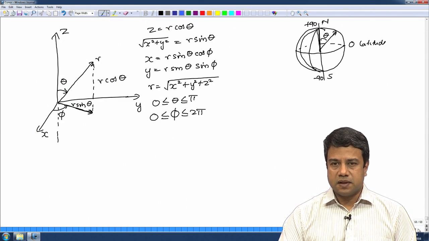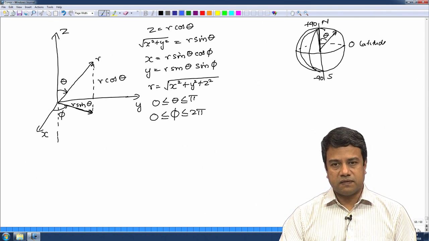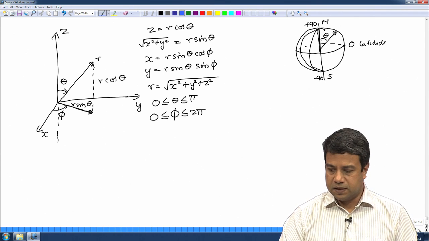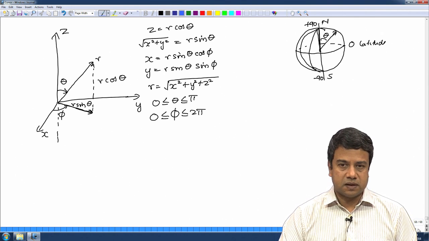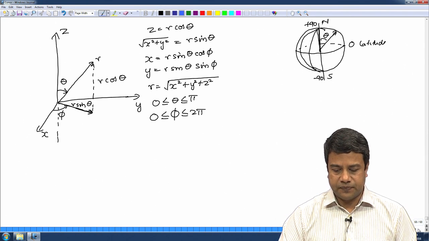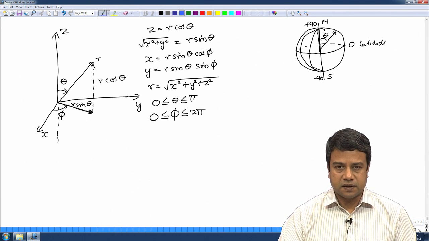Spherical coordinate system is useful whenever you are dealing with a configuration where the bounding surfaces have a spherical symmetry. I will show you a little later that the interpretation is a little more general. There are many things that you can do in a spherical coordinate system which are not that easy to do in a Cartesian coordinate system. But in general, it is useful whenever you have surfaces of spherical symmetry.